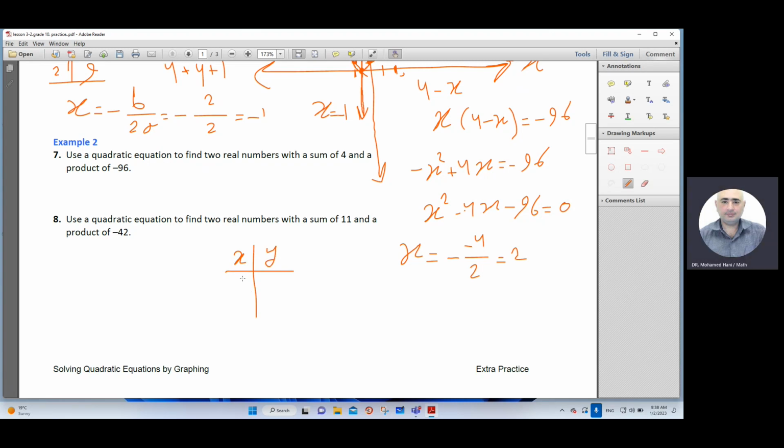For example, if you choose x equals 2, 2 squared means 4. Negative 4 times 2 will be negative 8. Negative 96 equals 0. 4 and negative 8, negative 4. Negative 4 and negative 96 would be negative 100.